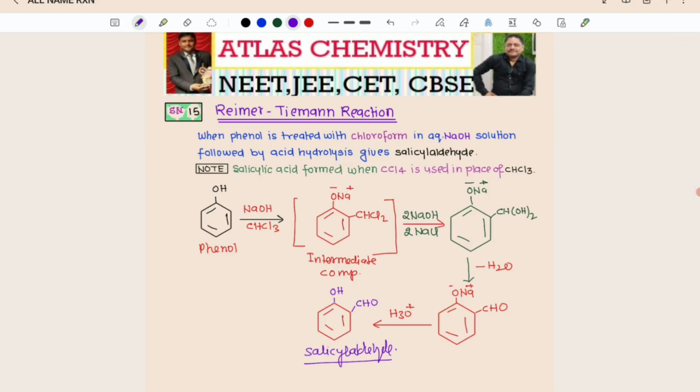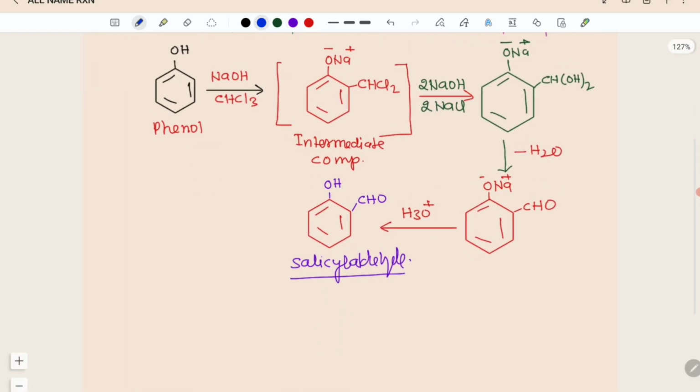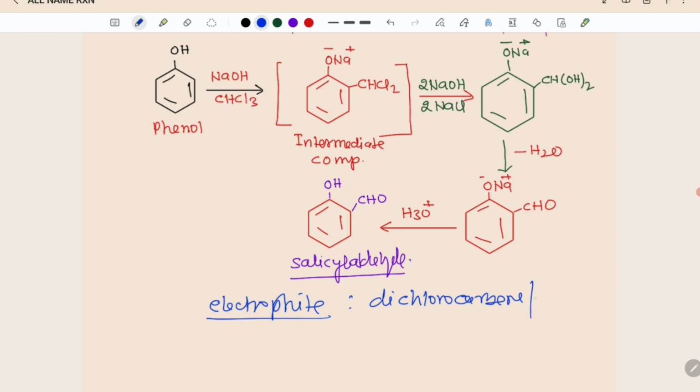In this reaction, there is generation of an electrophile, and that is dichlorocarbene, sometimes also called carbene, and its formula is CCl2.